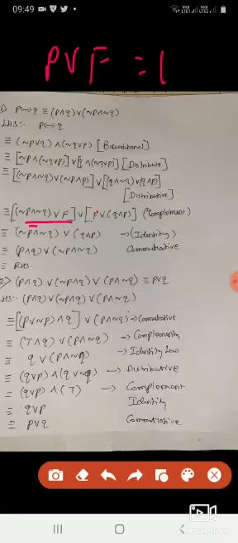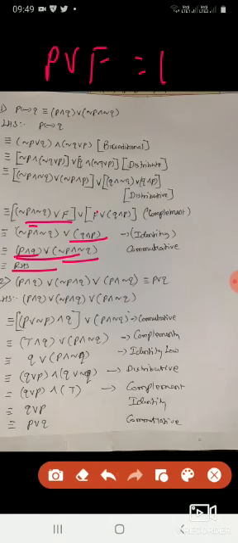Now listen, after this we are seeing the right hand side. What is in the right hand side? I have to prove P and Q or negation of P and Q. So I am seeing here Q and P is there. So commutative, P and Q or negation of P and Q, we are going to write it is equal to the right hand side.